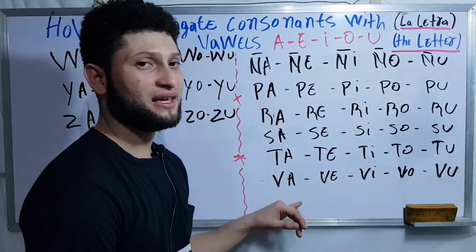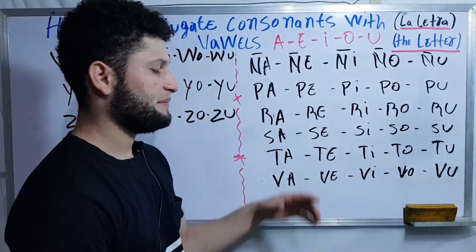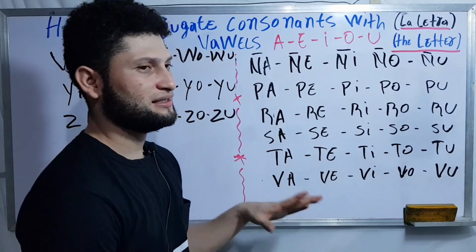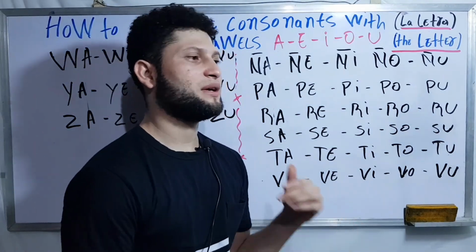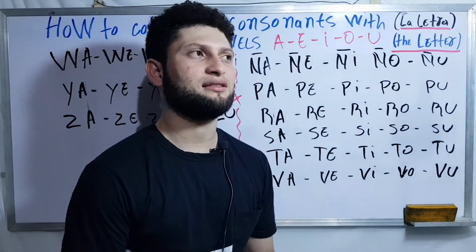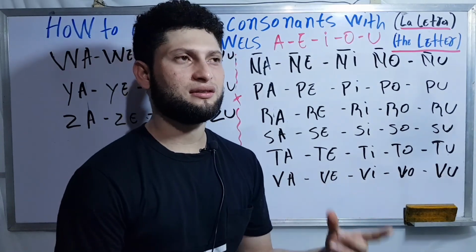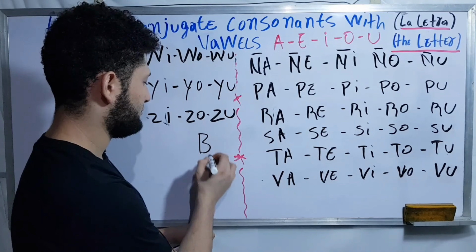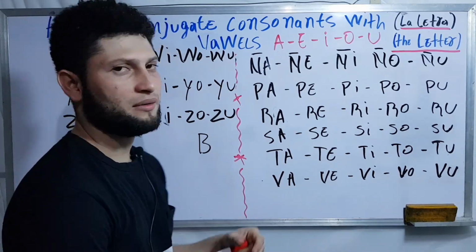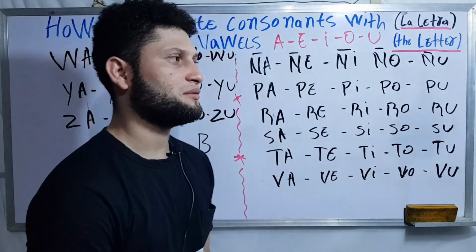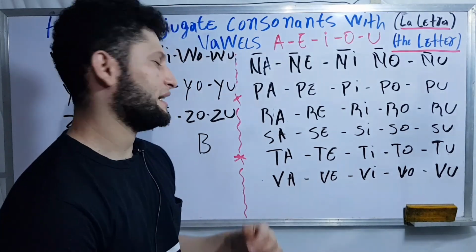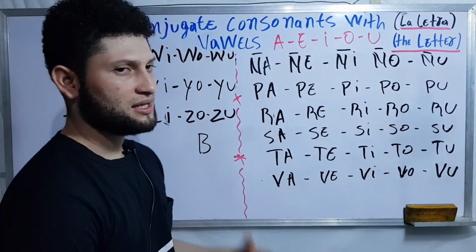Now the letter V. As I said in my previous video, the letter V in Spanish has the same pronunciation as the letter B, like the one in English. So when you want to say something with the letter V, you need to pronounce it like the letter B in English.